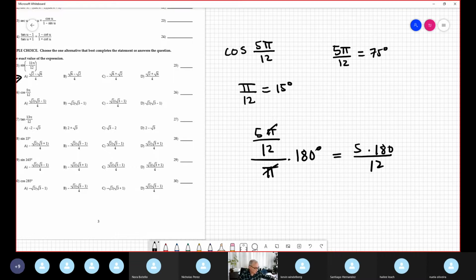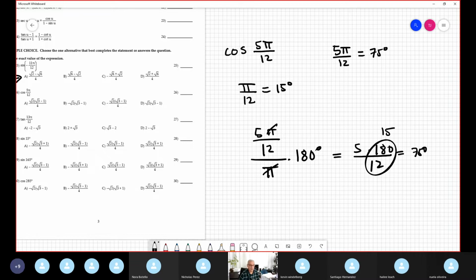I suppose that 180 is divisible by 12 somehow. 180 divided by 12 is 15. Then 15 times 5 is 75. Either way, intuition or formula, doesn't matter.